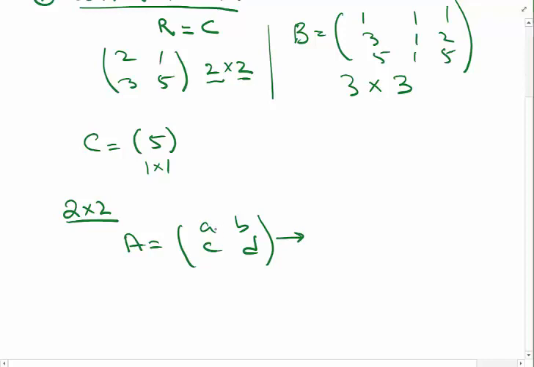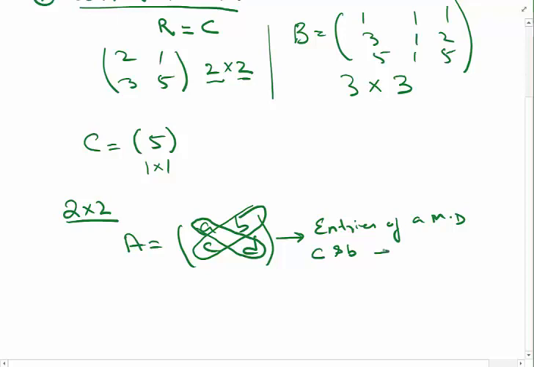Now, what the structure is: entries a and d are called entries of the main diagonal, and c and b are considered as entries of the secondary diagonal.